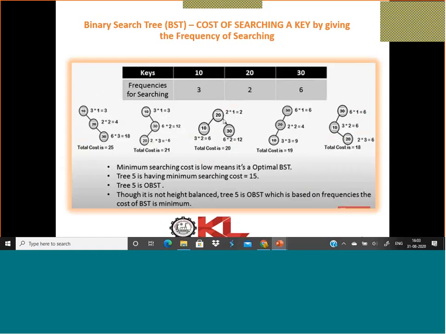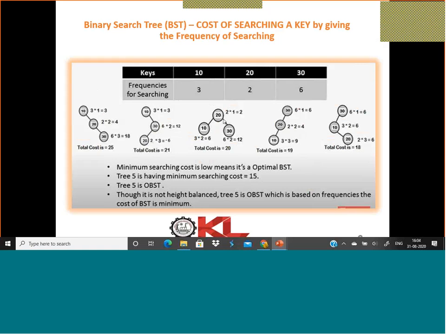Here also the same problem is explained, but the difference is the frequency. The key 10 is accessed 3 times every day. The frequency of accessing 20 is 2 times. The frequency of accessing 30 is 6 times.